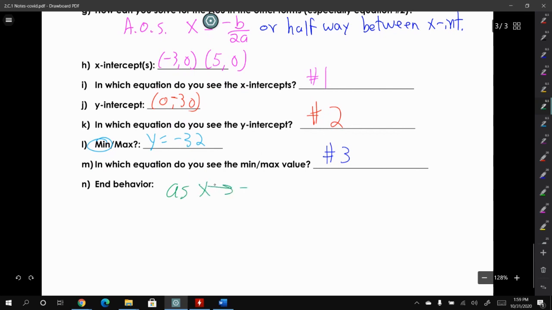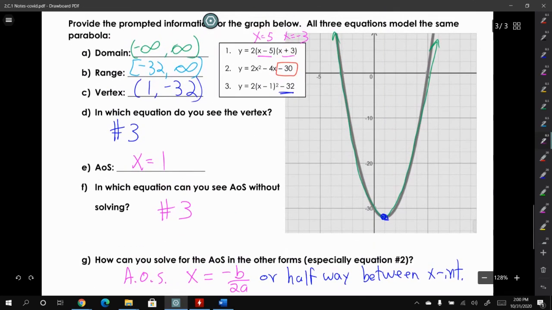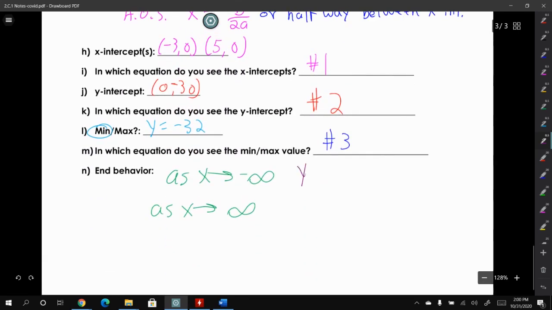As x approaches negative infinity and as x approaches positive infinity, both sides of this function, the left side is going up and the right side is going up. So y approaches positive infinity on both sides.